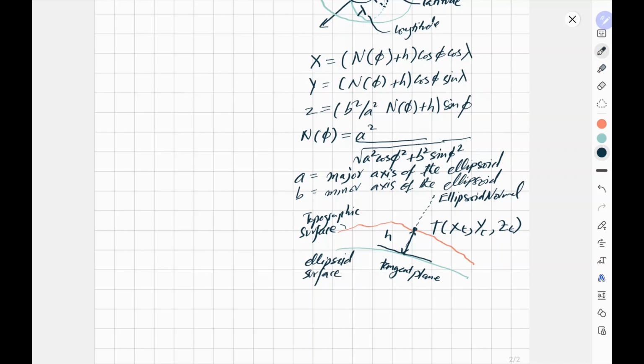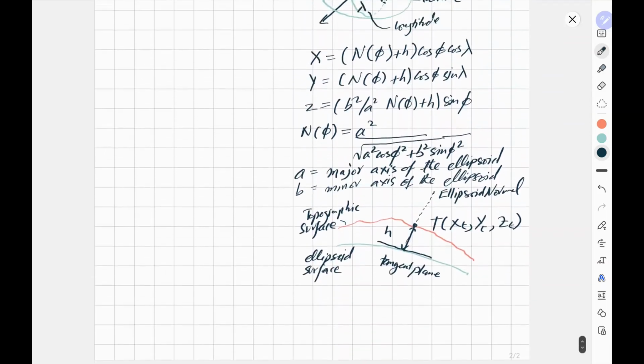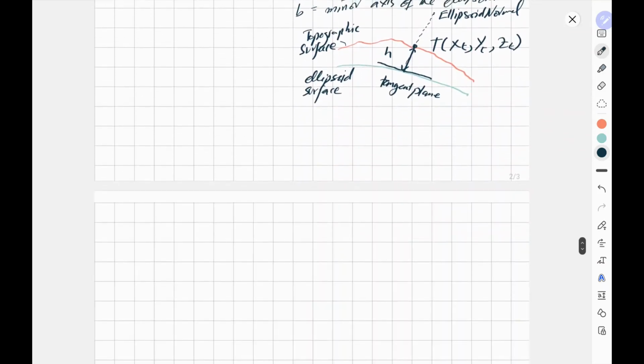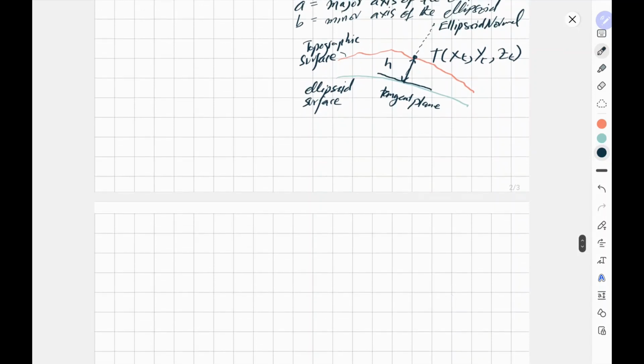So once you calculate this, then you start calculating slope. How is the slope calculated? The slope is calculated by fitting a surface which is represented by z is equal to ax plus by plus c.